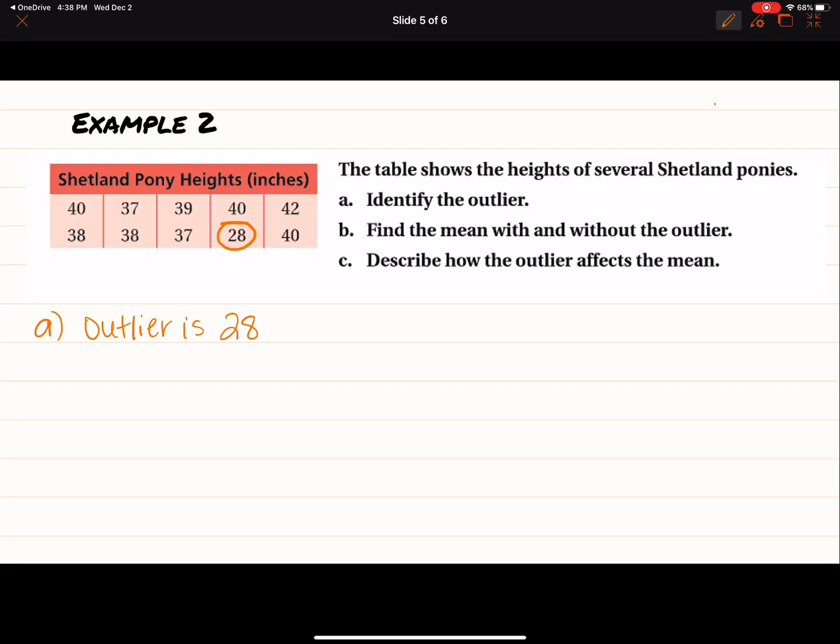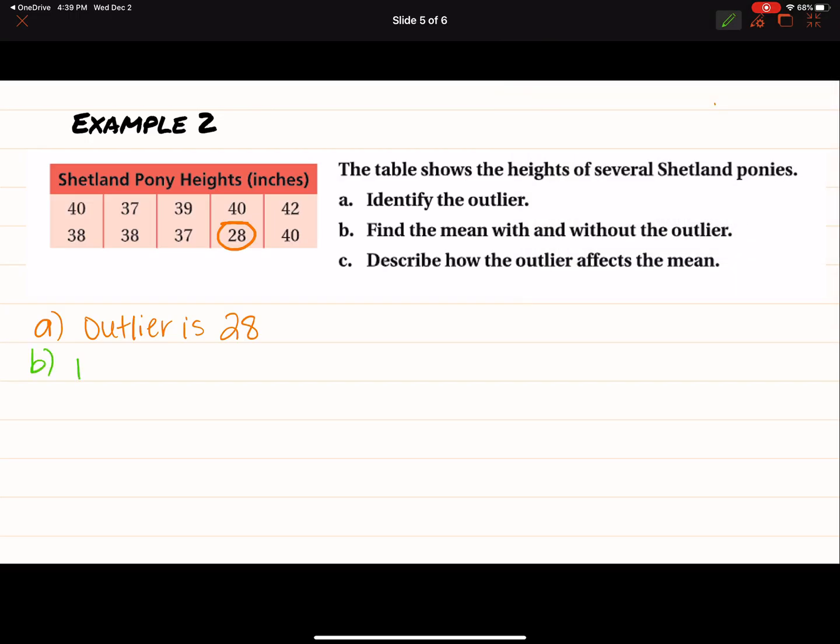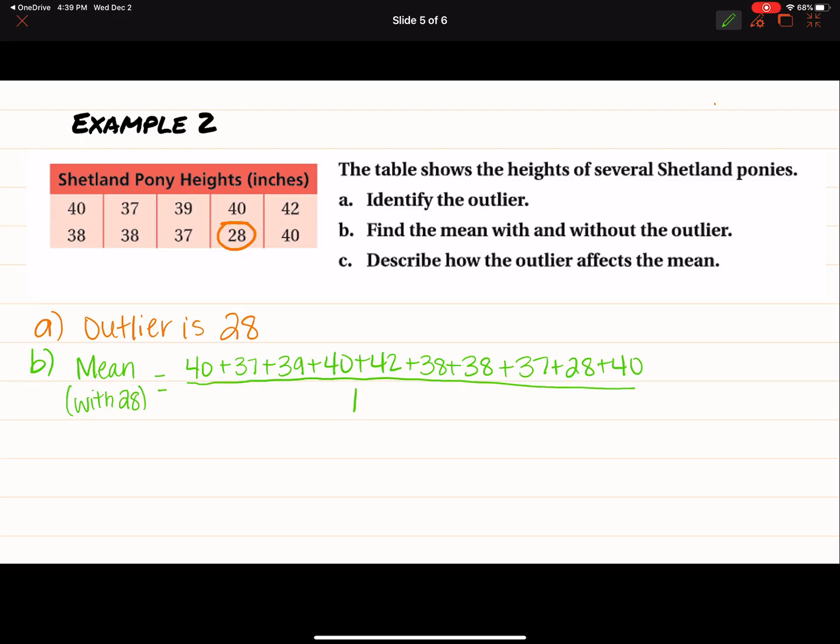Find the mean with and without that outlier. Okay, so I'm going to find the mean. First, I'll find it with the outlier. And to find the mean, we know we just add all these together. 40 plus 37 plus 39 plus 40 plus 42 plus 38 plus another 38 plus 37 plus 28 plus 40, and then I divide that by how many there are. Again, there are 10 values. There's not always going to be 10. That's just a coincidence.